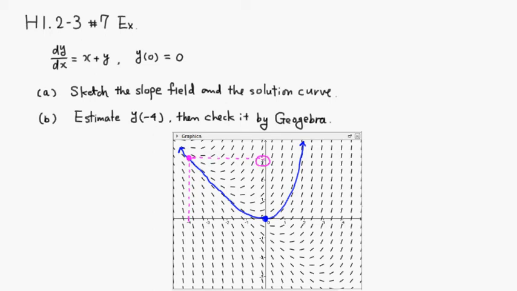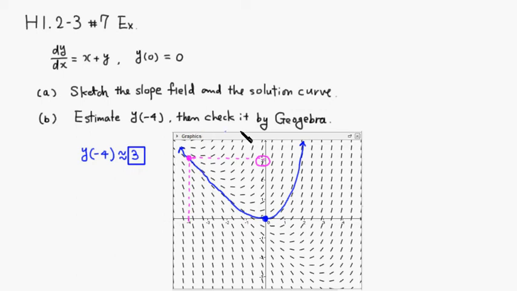So our estimate for y of -4 is probably around 3. So that will be our estimate there, and this is the solution curve.